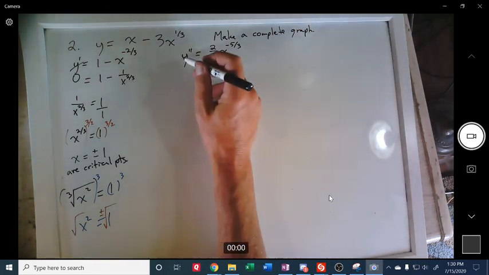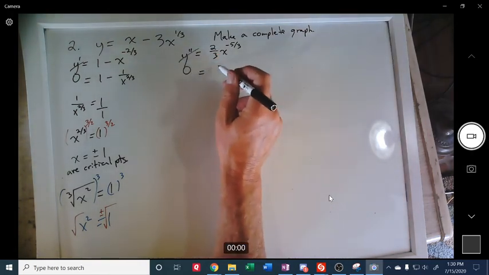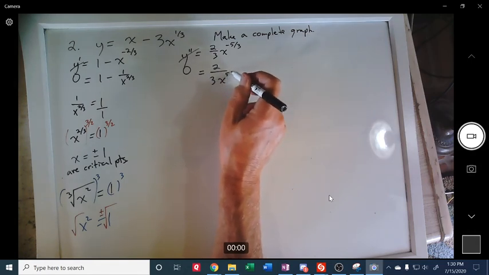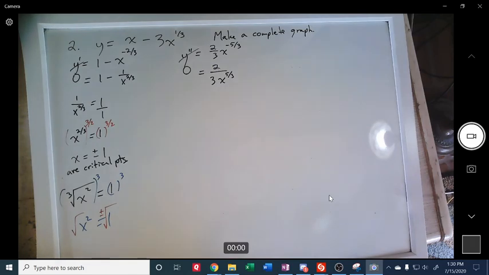Over here, now I get a fraction equaling 0. When it's just one fraction equal to 0, the only way that can happen is if the numerator is 0.